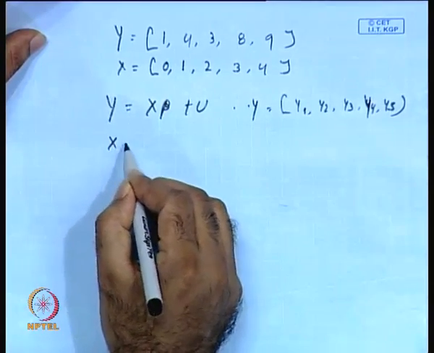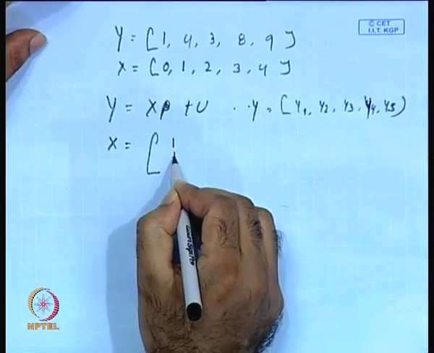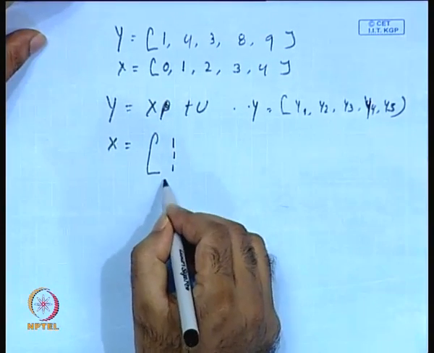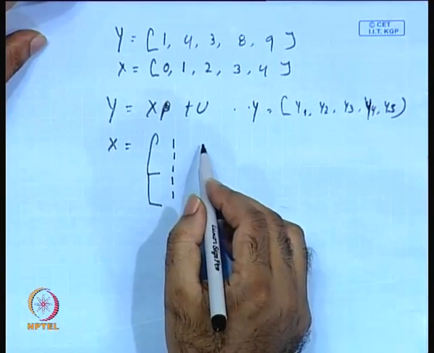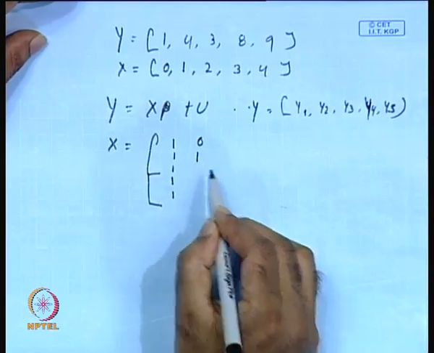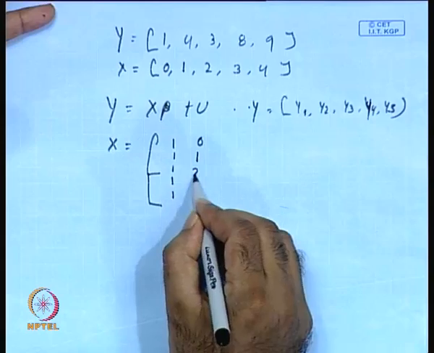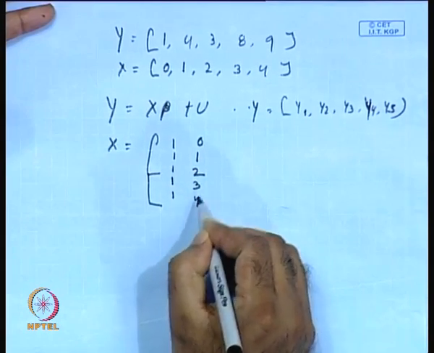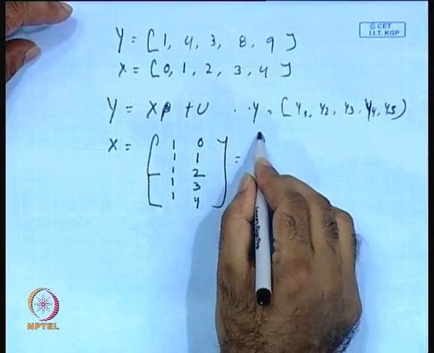X is a matrix with 5 observations: a column of 1, 1, 1, 1, 1, and a second column 0, 1, 2, 3, 4.